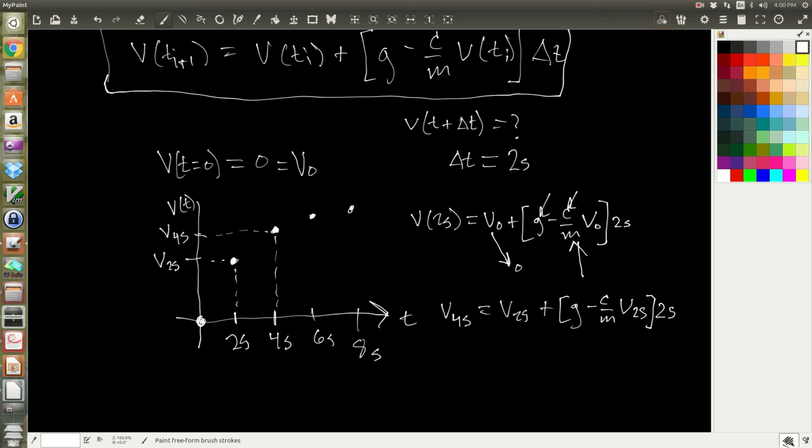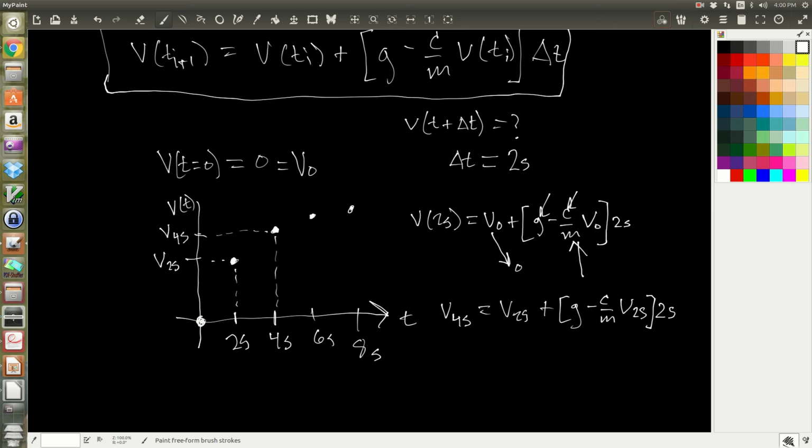This is an approximation to our differential equation describing the falling parachutist velocity. The handy thing about this numerical solution is it's very easy to teach a computer how to do this, and you can change the parameters at any given time during the solution.